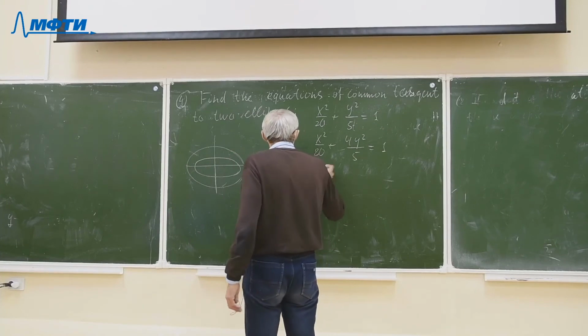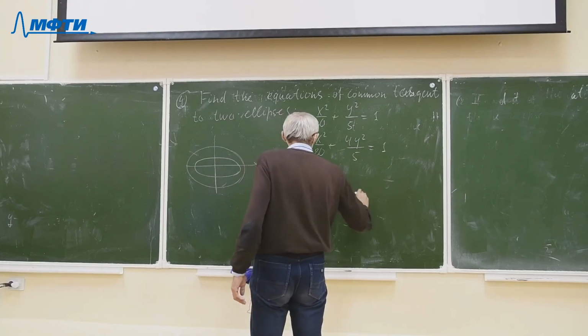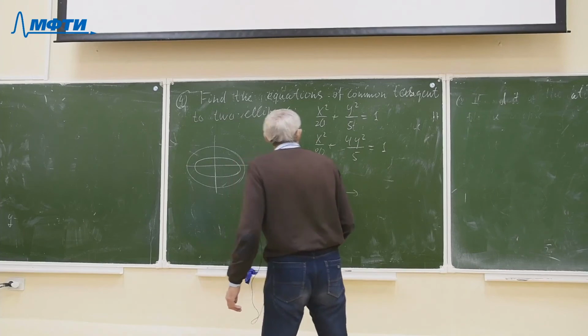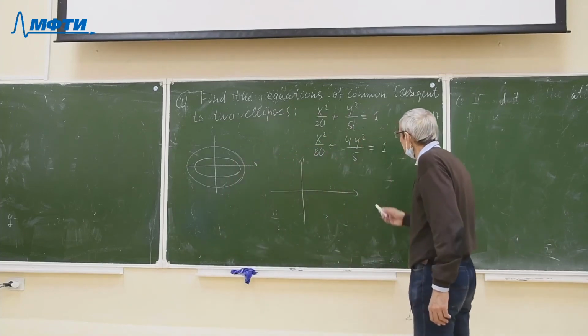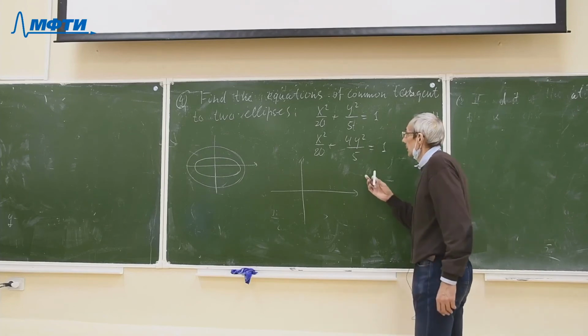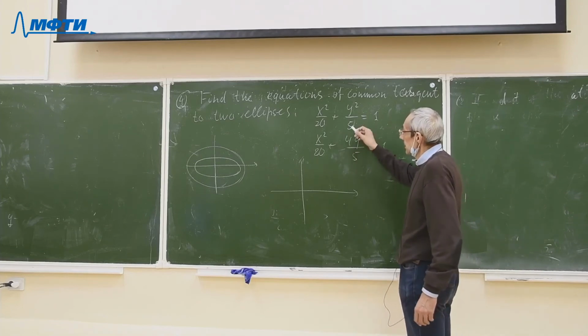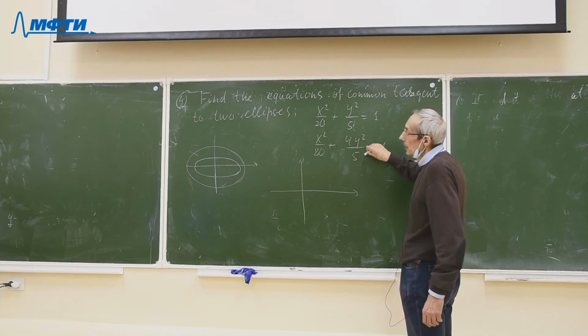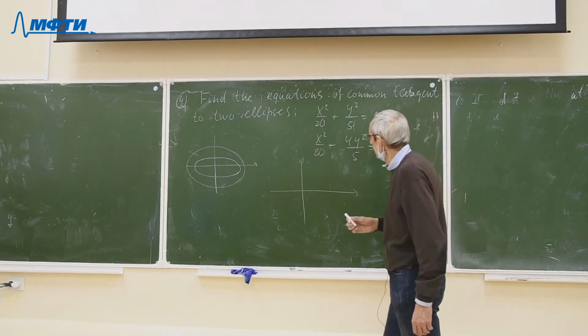In this case it is easy to see the following values for parameters a and b for the first ellipse and the second ellipse.